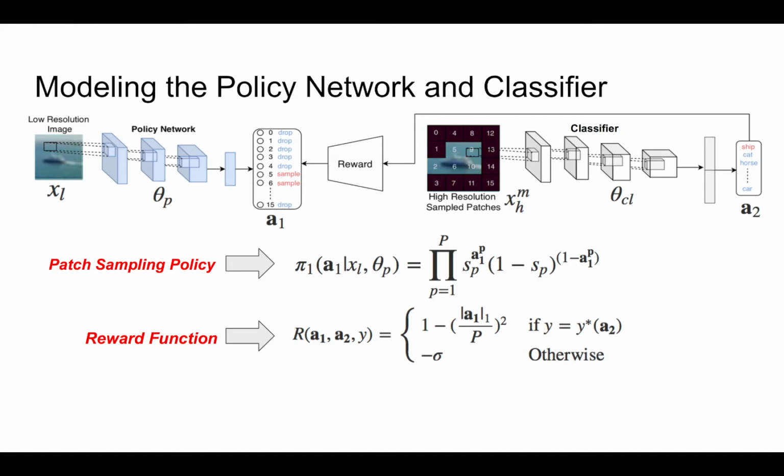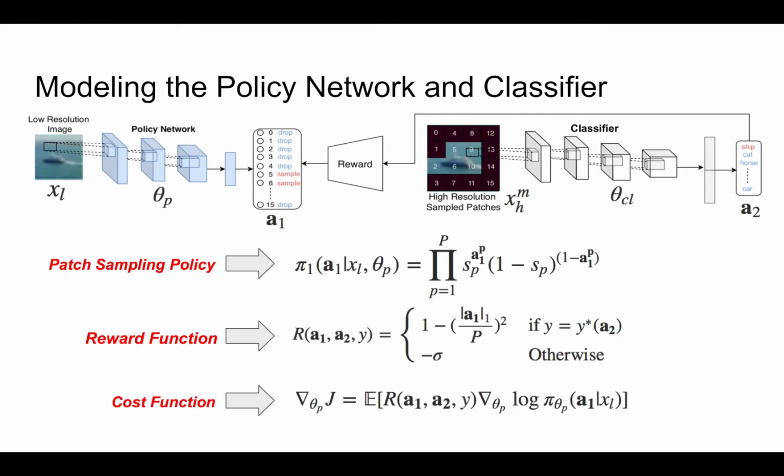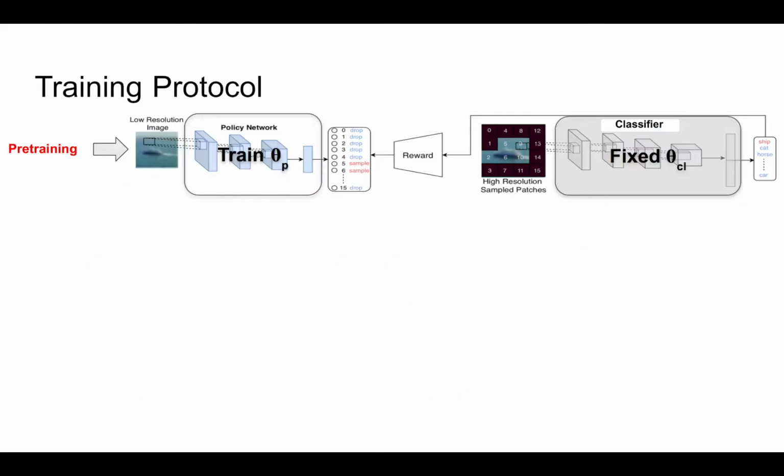It is a piecewise function that encourages dropping more patches only if the classifier successfully classifies the sampled image. At the end, our objective function encourages maximizing the product of action likelihood and expected reward value by learning the parameters of the policy network.